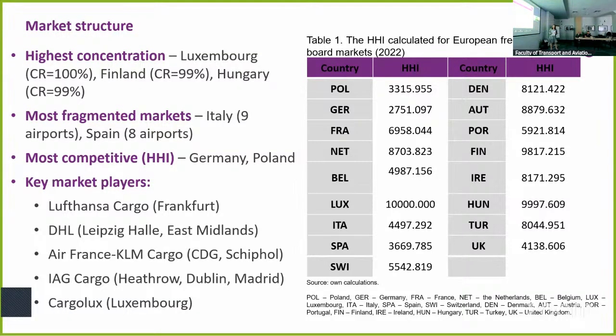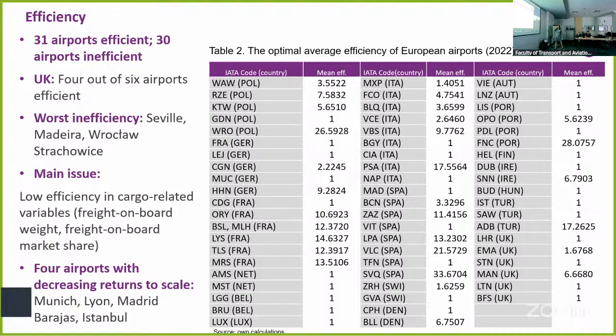While most competitive, according to the Herfindahl-Hirschman Index, were Germany and Poland, and key market players were Lufthansa Cargo in Frankfurt, DHL in Leipzig, Halle, and East Midlands, Air France KLM Cargo in Charles de Gaulle in Paris and Schiphol, and the International Airlines Group Cargo in Heathrow, Dublin, and Madrid, and Cargo Lux in Luxembourg. So we can take a look at the Herfindahl-Hirschman index figures calculated for European airports.